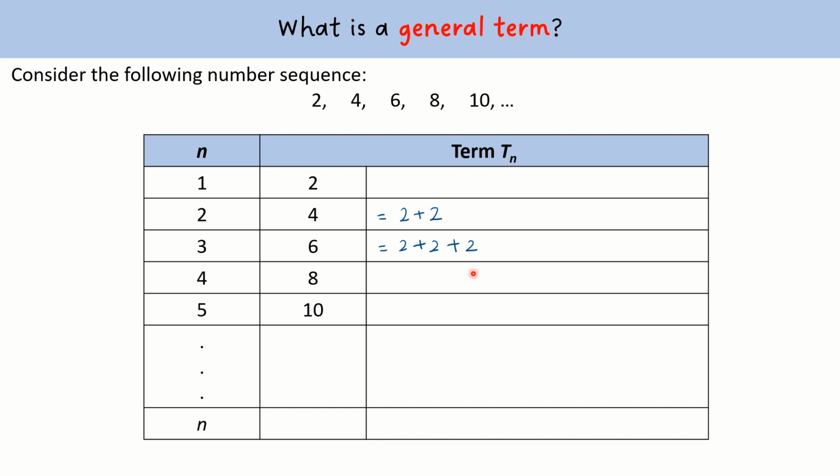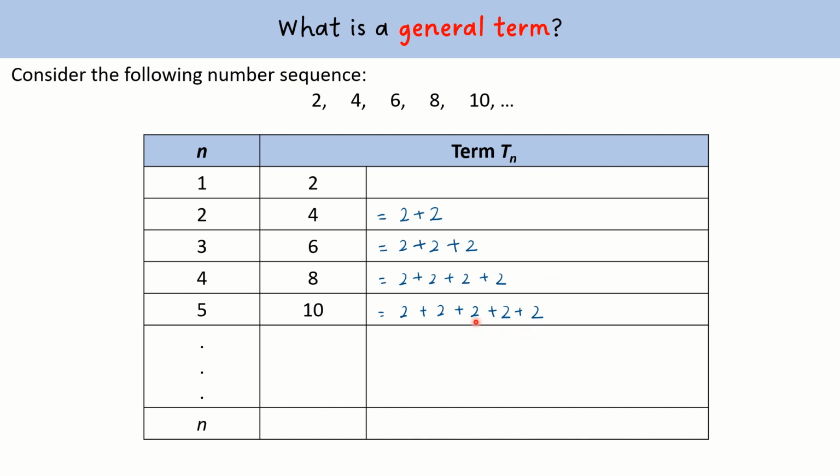Similarly, when I go on to the fourth term, I will add another 2 from the 6 itself. That will mean that it is 2 plus 2 plus 2 plus 2. Following that, in my fifth term, I hope you see that, that will actually be an addition of 5 2's.